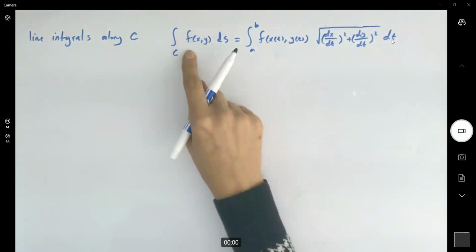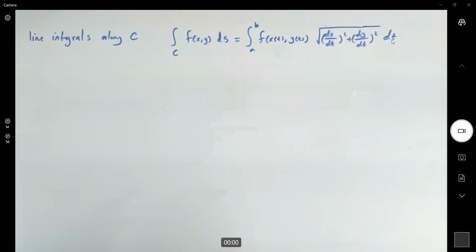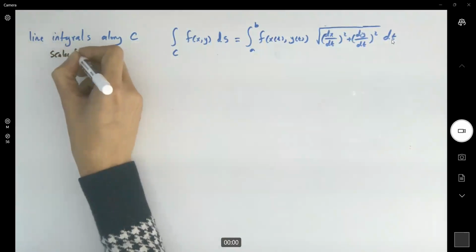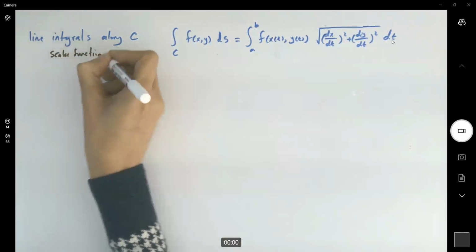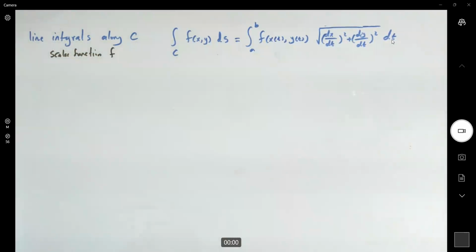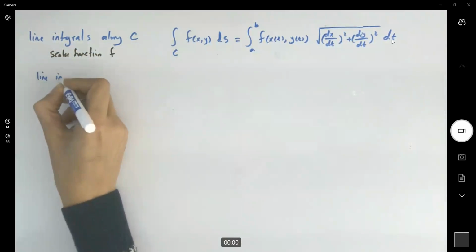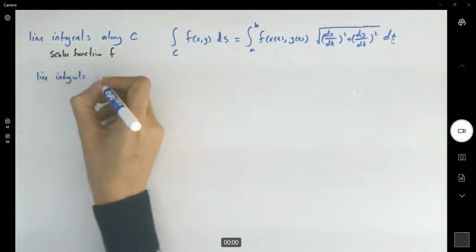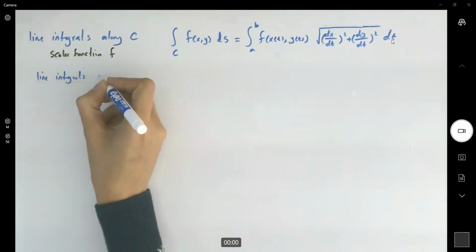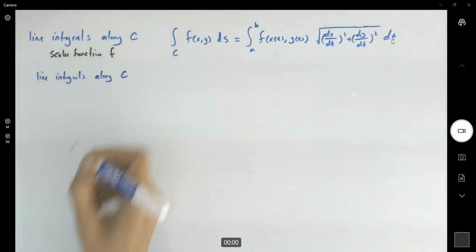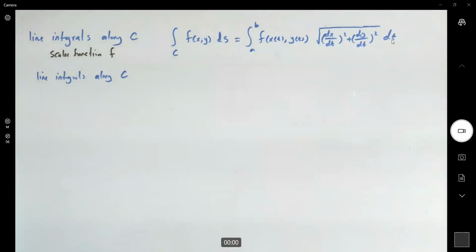Now we are interested in knowing, well, what if we have a vector function? So this is for scalar function f. Now the line integral along curve C for a vector function.